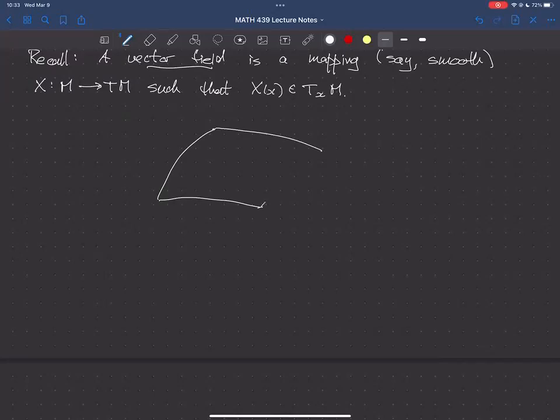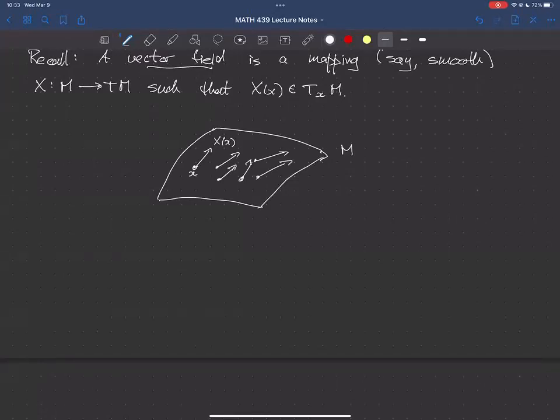So here's our manifold, okay? And so the idea was that at a point X, you had a tangent vector at that point. Okay, and then you had this process at every point. Okay. All right, so that's what a vector field is.